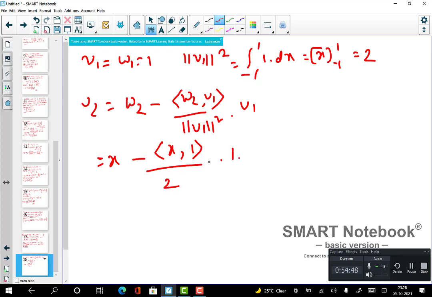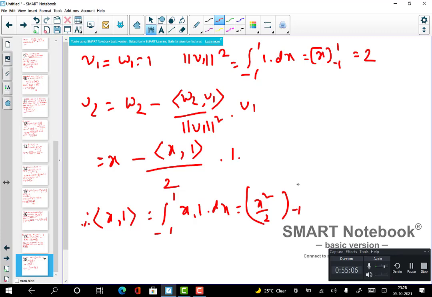Now what is the inner product of x with 1? This is the integral from minus 1 to 1 of x times 1 dx, which is x squared by 2 from minus 1 to 1, so this is 0 actually. So that portion is 0, and you have x. So the second vector is also x.